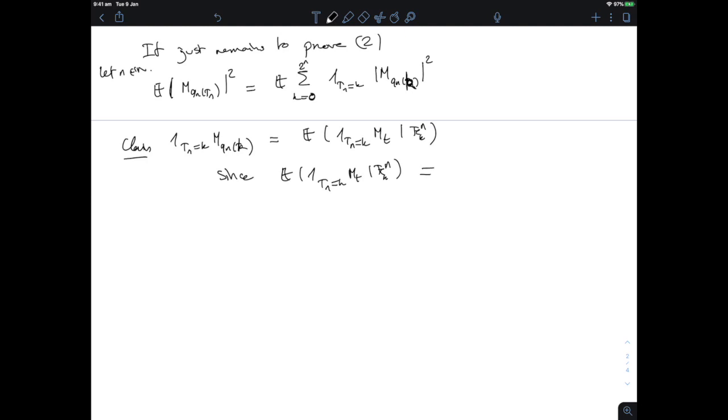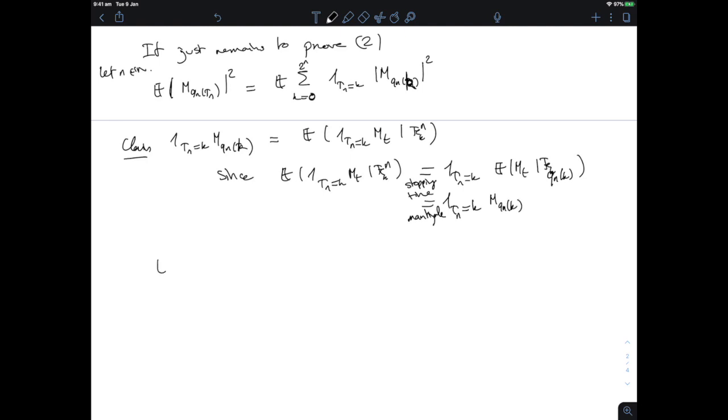That's because τ_n is a stopping time. So whenever τ_n is k, this is the conditional expectation of M_t given F_k^n, which is the same thing as M at Q_n of k. So this is because you have a stopping time, and this is because you have a martingale M_t: this is M of Q_n of k.